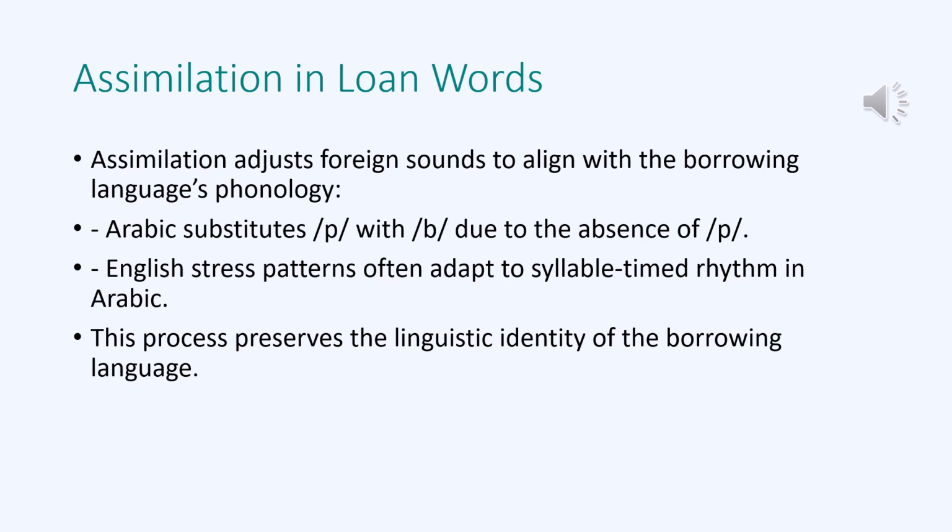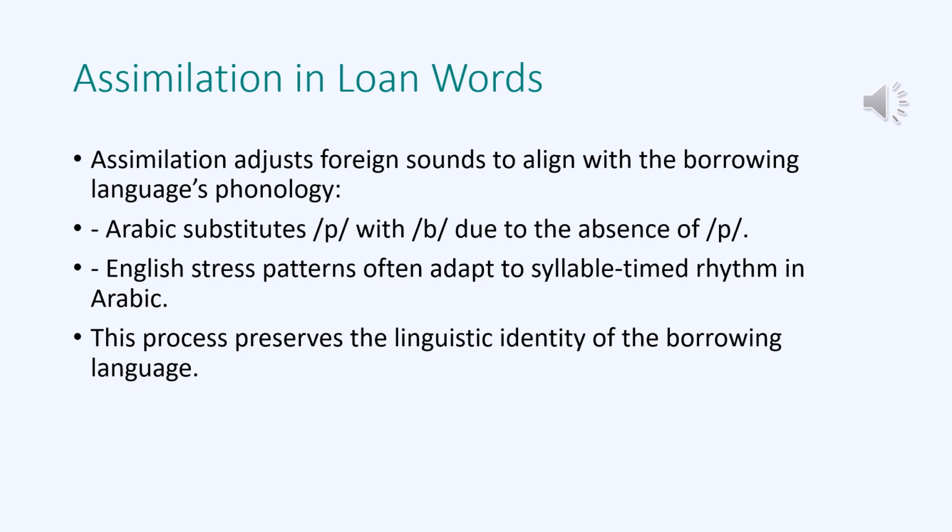Such adaptations in borrowed words are not haphazard, they serve a deeper purpose. Assimilation preserves the linguistic identity of the borrowing language, ensuring that foreign words do not disrupt its natural flow or structure. This balance between integration and preservation is key to understanding how languages maintain their integrity while also evolving.